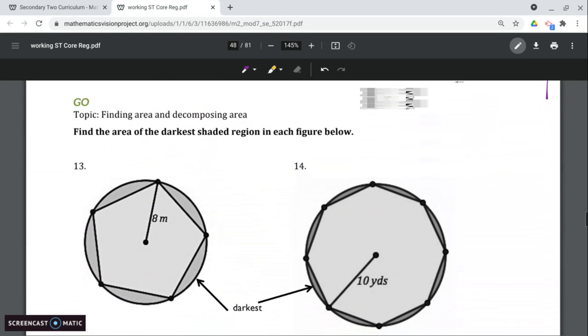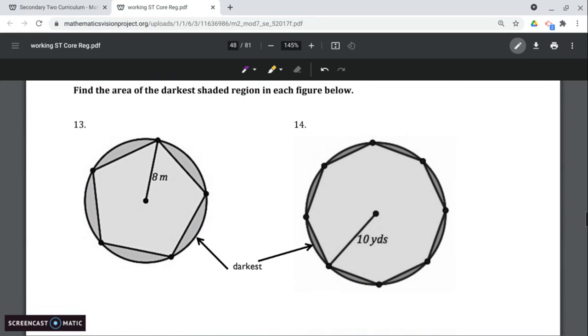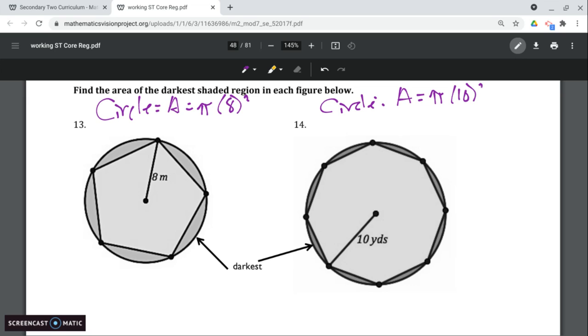All right, this last section is looking at finding the area of the figure. So area of the shaded region. So it's the darkest part. So you're trying to find these little pieces on the outside. So first find the area of the circle, which I will tell you on this one. Area equals pi 8 squared. This one is circle, area equals pi 10 squared.